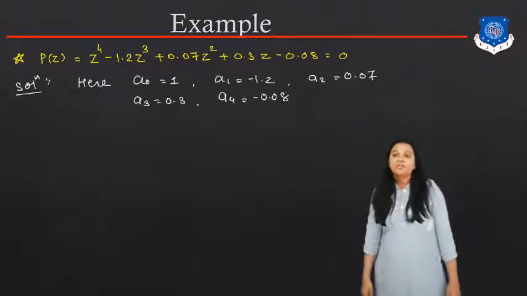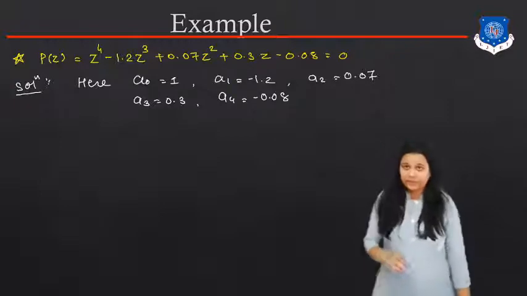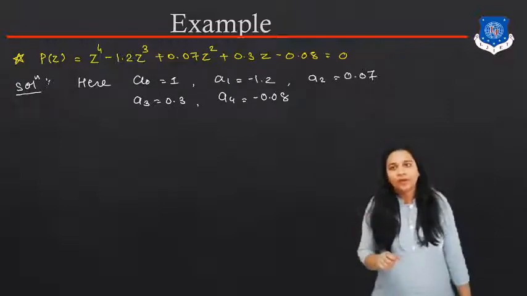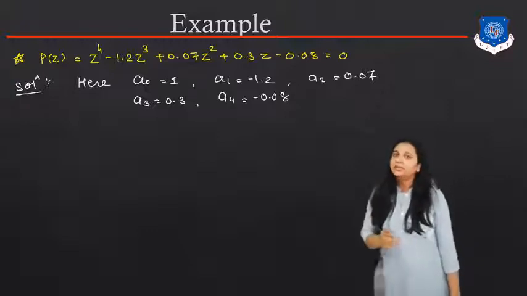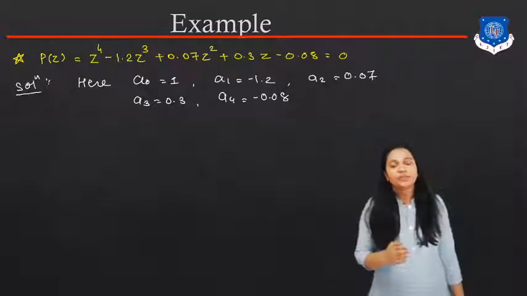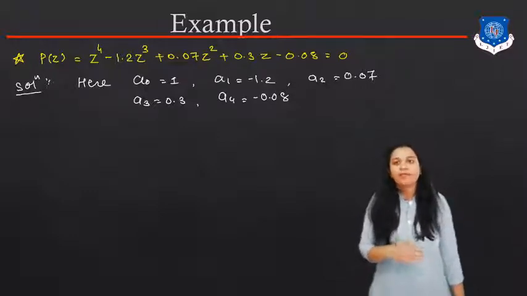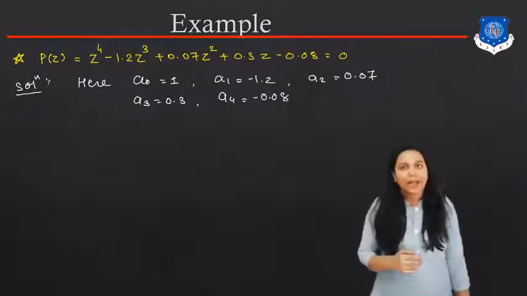Okay. Now our first step is we have to write down the coefficients. So a0 is equal to 1 because the coefficient of z raised to 4 is 1. a1 is equal to minus 1.2. A2 is equal to 0.07, A3 is equal to 0.3 and A4 is equal to minus 0.08.